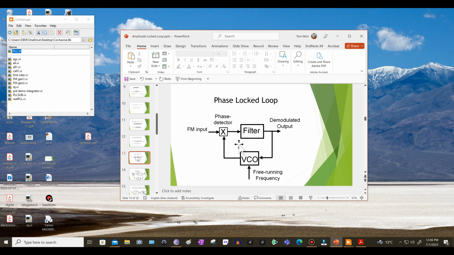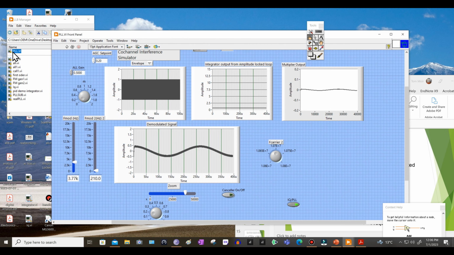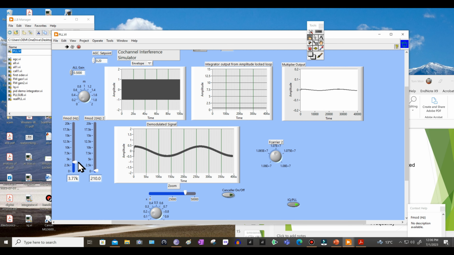So there's the phase lock loop again. I want to show you what we did. Here's a simulation of ordinary FM. I'm demodulating a signal. That's a transient effect there as I go up. I'm just going to turn that down to 0, so I've basically just got a single carrier.